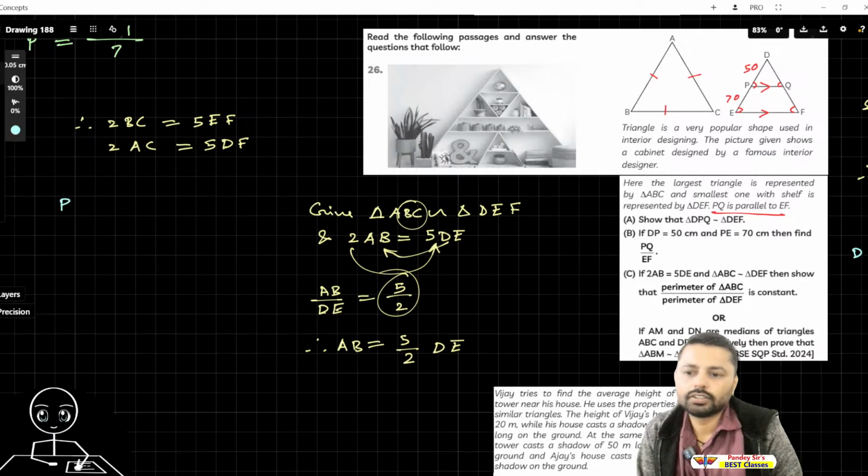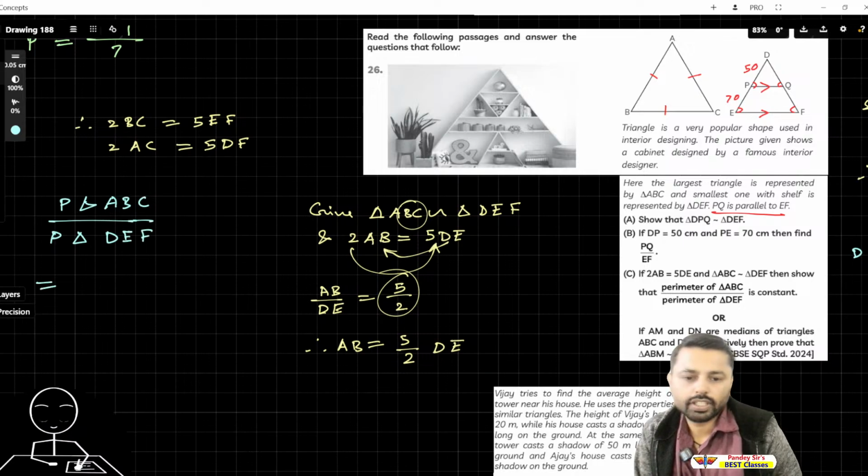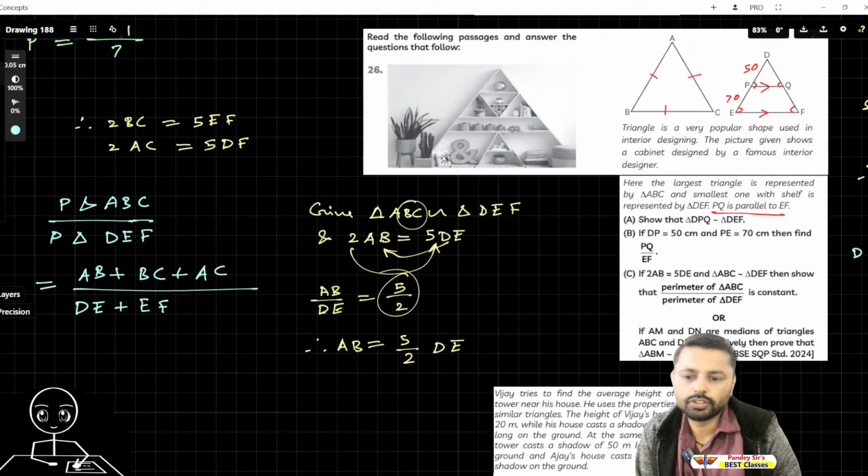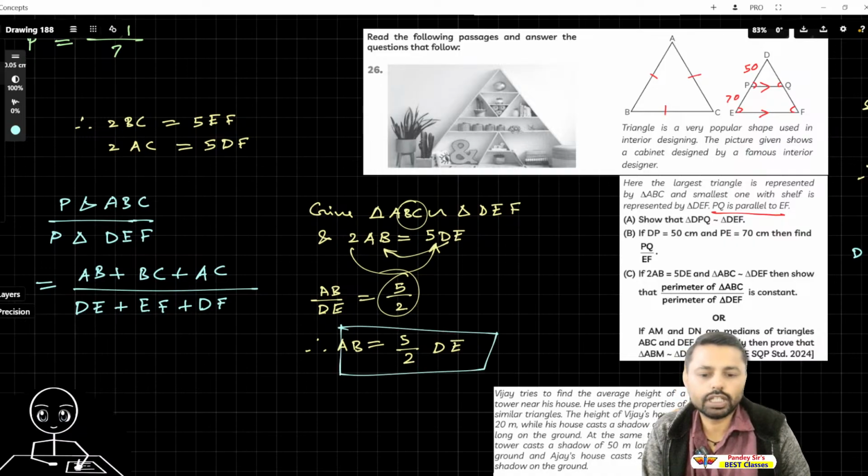So perimeter of triangle ABC by perimeter of triangle DEF equal to AB plus BC plus AC, over DE plus EF plus DF. Now we have found their sides ratio are this.